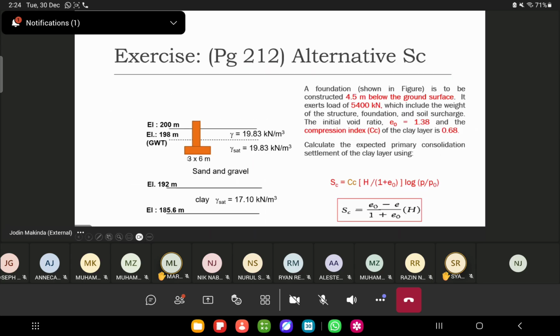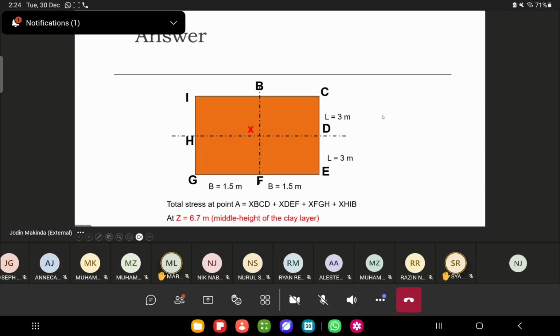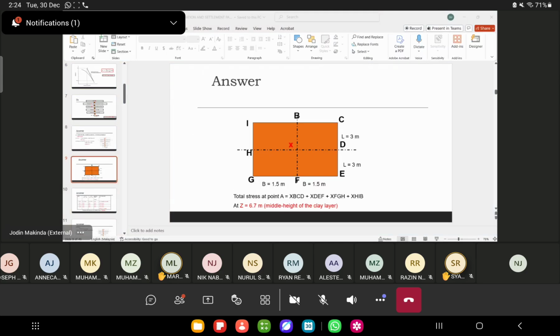Z is the distance from the base of the structure here, 3.6, until the middle of the clay layer. Therefore, in this case, Z is 6.7 meters.